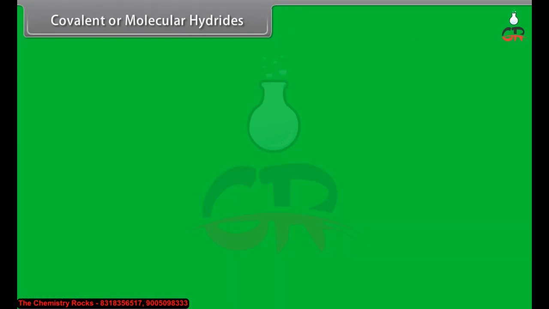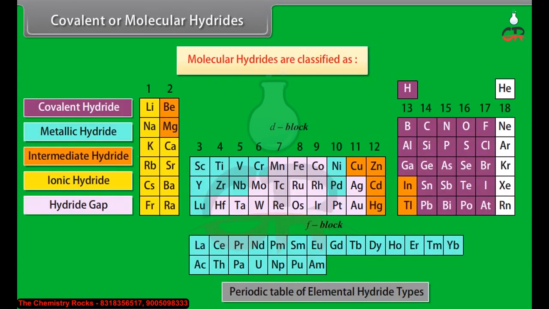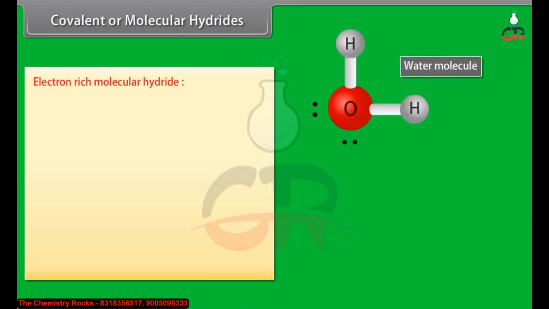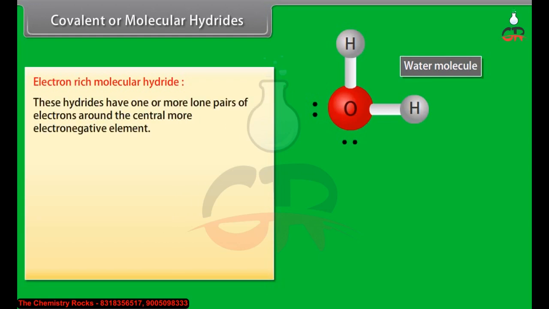Molecular hydrides are classified as electron-rich molecular hydrides. These hydrides have one or more lone pairs of electrons around the central, more electronegative element. For example, water has 2 lone pairs. Electron-precise molecular hydrides.